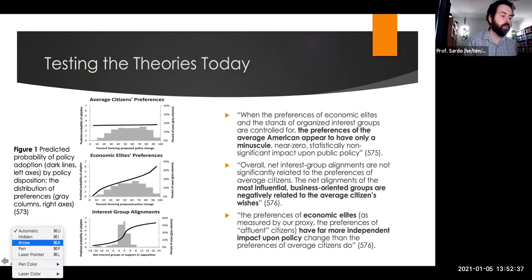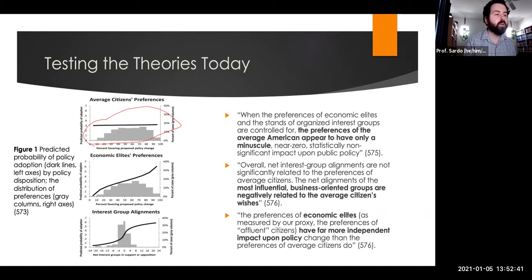This is what this top graph is suggesting, that even as a majority of average Americans favor some policy, that has very little effect on that policy actually being adopted, whereas you have this very positive slope for economic elites, right? As more and more economic elites favor a given policy, the more likely it is that that policy will be adopted, even if the overall percentage is lower.